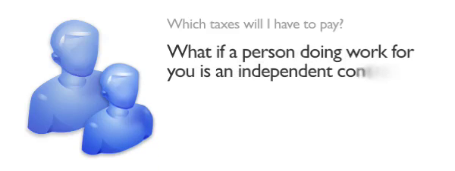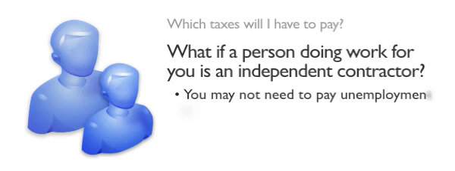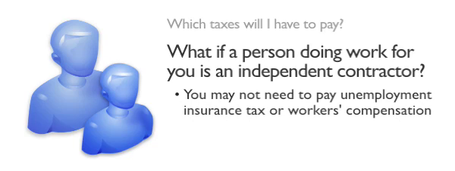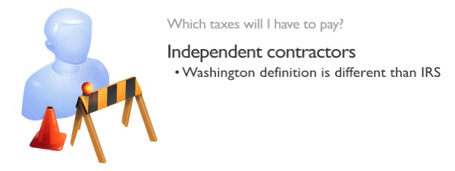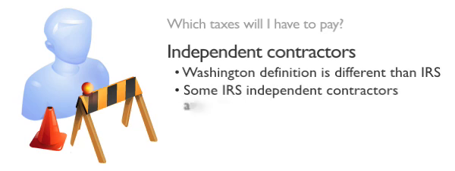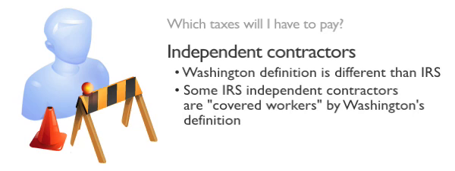But what if a person doing work for you has a business of their own and you've hired them as an independent contractor? You may not need to pay unemployment insurance tax or workers' compensation premiums for independent contractors. It is important to note that Washington State's definition of an independent contractor is different than the IRS definition. Some independent contractors by the IRS definition would be covered workers under Washington state law.